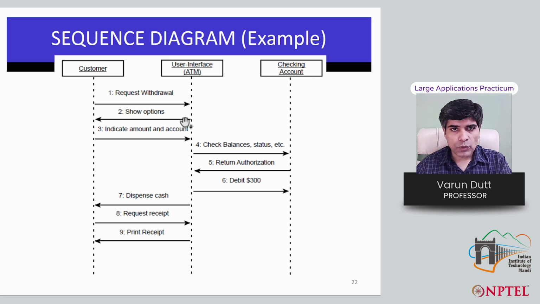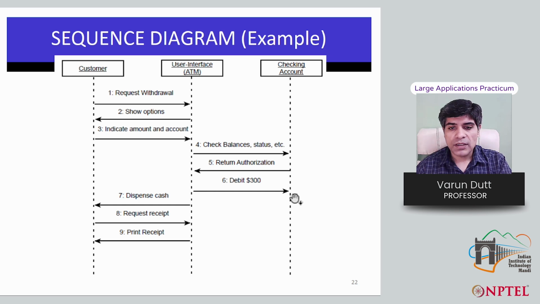Then the ATM class presents the customer with different options. Then the customer indicates the amount and the account to be used. And then the ATM class will check the balance and status of the account. It will return authorization, whether authorized to transact or not.